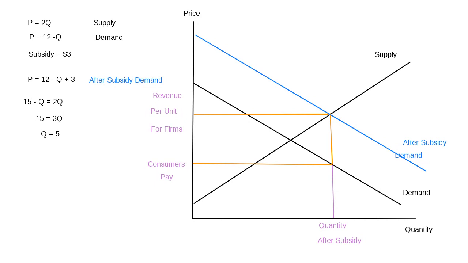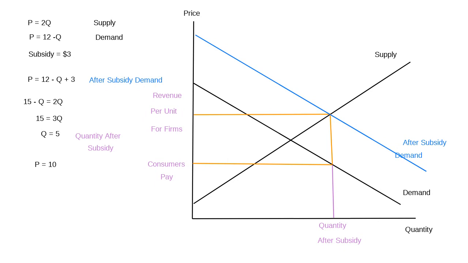So this would be the quantity after subsidy. Q equals 5. Now you can plug this into either the supply or the after-subsidy demand. And so you'll either get 15 minus 5, which is 10, or 2 times 5, which is 10. And so price will equal 10.